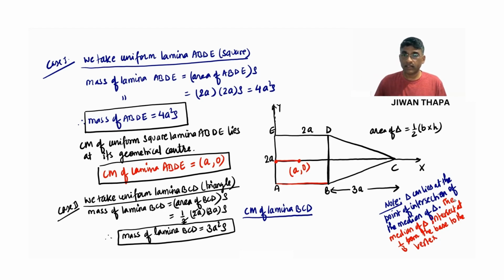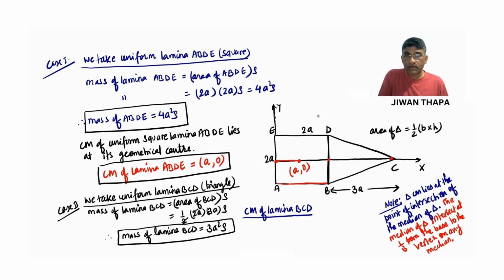So I'm writing in short, the medians of a triangle intersect at 1/3 from the base to the vertex on any median. So this is the median, okay, this distance is the median, okay. So we have this here.